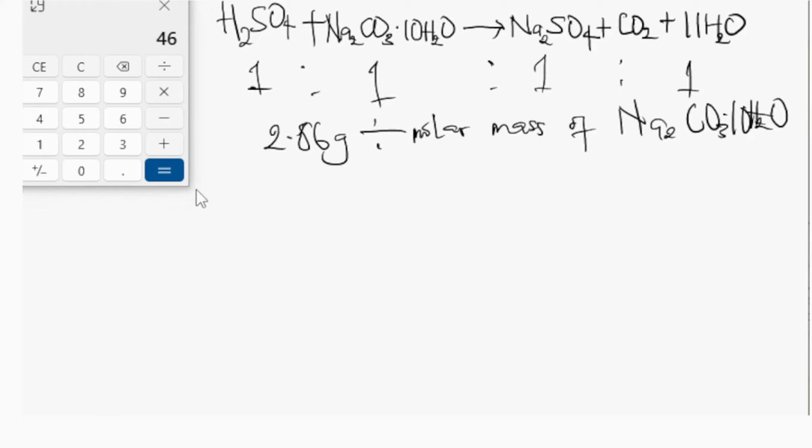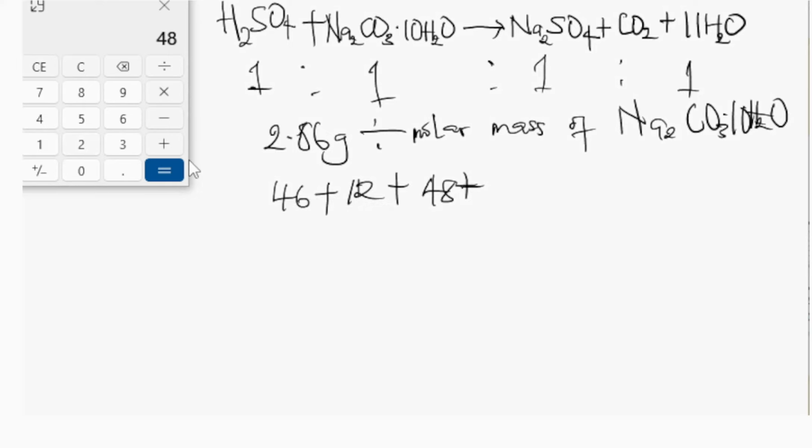So we write 46 here, plus carbon is 12, plus oxygen is 16, but it's times 3 here, that's 48, plus 10 H2O.